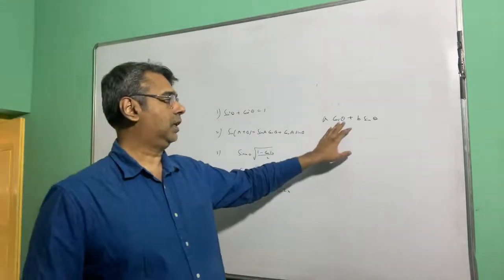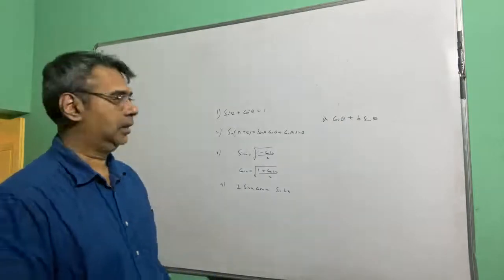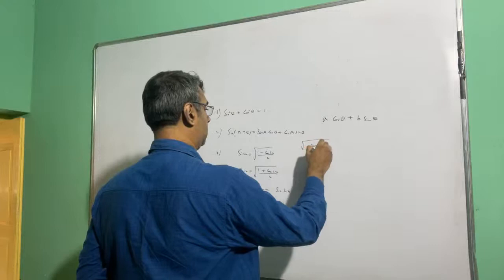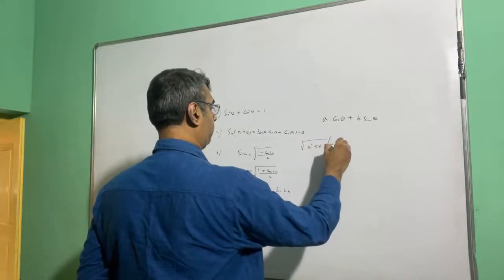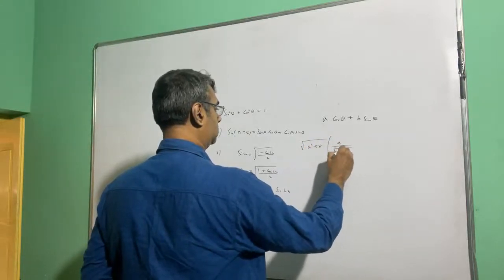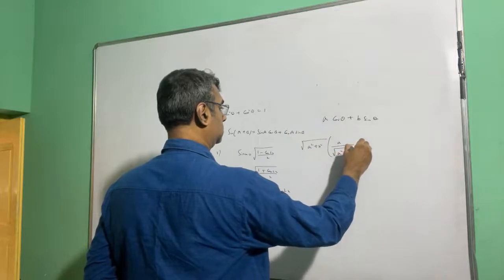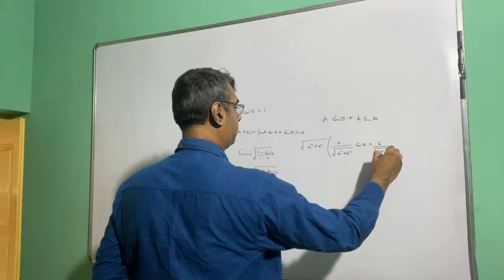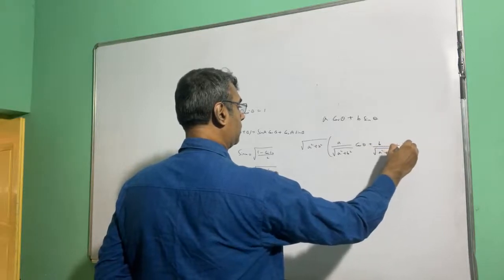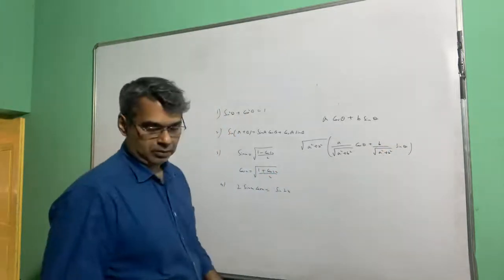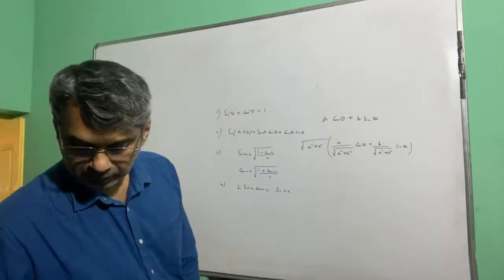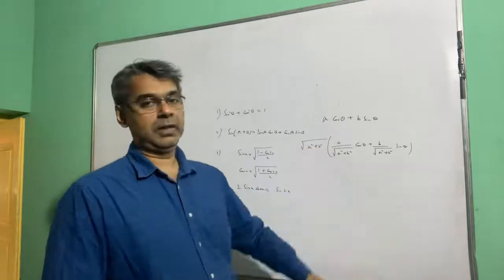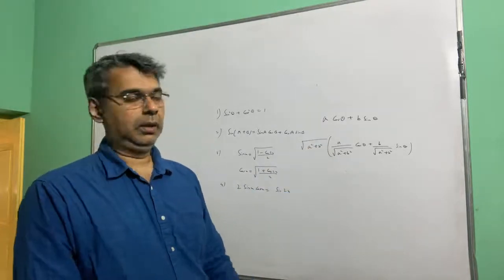So suppose the function is a cos theta plus b sin theta. First, you will have to multiply and divide the whole expression by root a square plus b square.